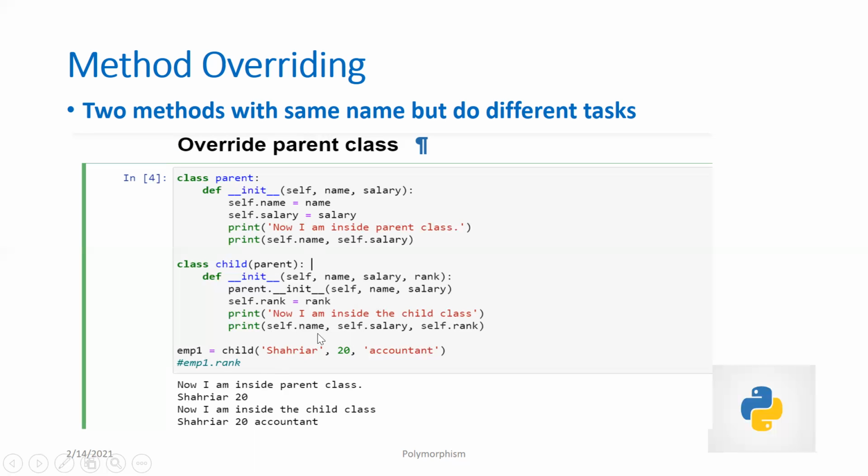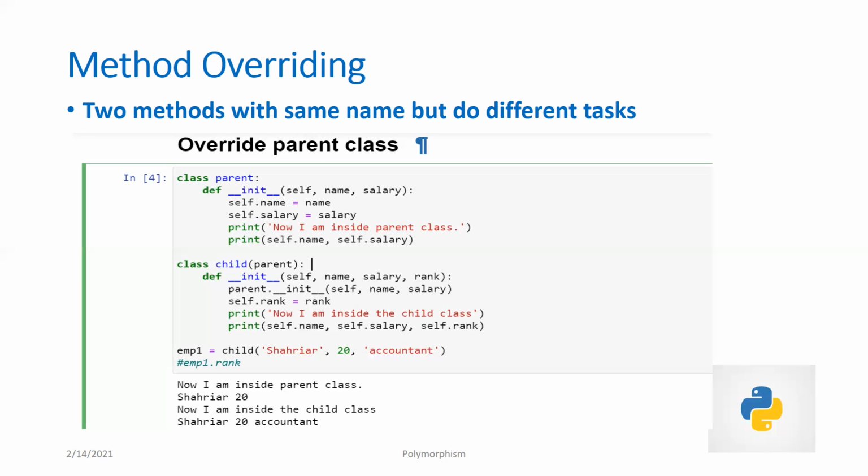That means three attributes for the child class, and for the parent class it shows two attributes. Both classes show their results, following the sequence. It is the same function, but with different arguments and different behavior. So this is called method overriding. Most of the time, a child class extends a parent class, and the child class can override the method of the parent class.